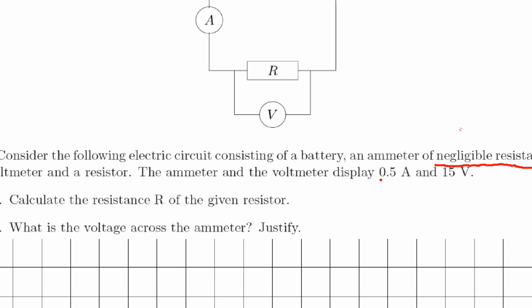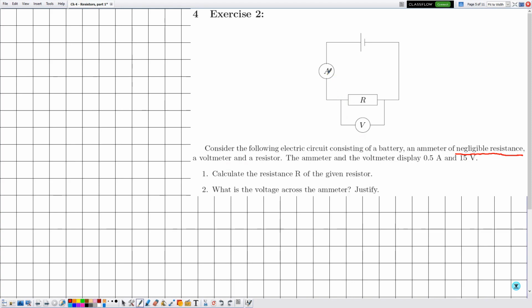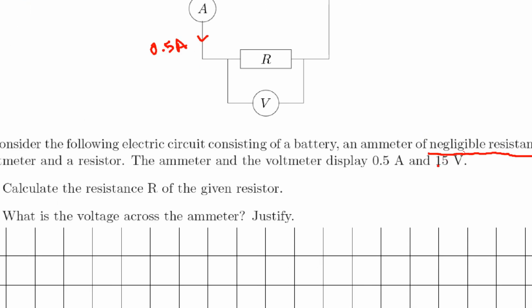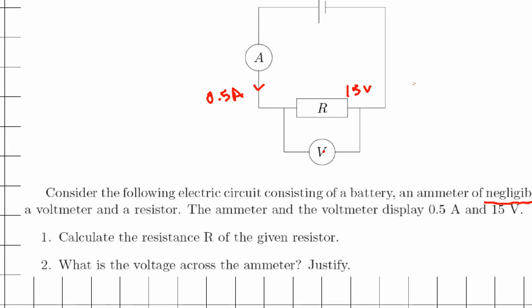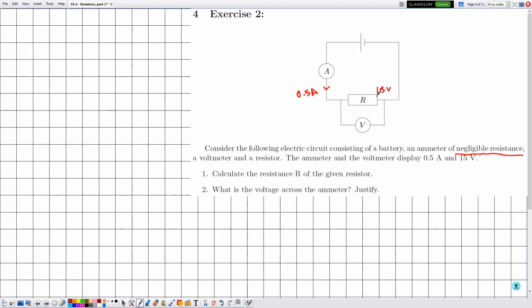So the indication 0.5 amperes corresponds to the ammeter because we know that the ammeter measures electric current. Then let me write here that the value of the electric current I traversing the circuit is given by 0.5 amperes. And the indication 15 volts is displayed by the voltmeter because the voltmeter measures the voltage. Then this is 15 volts across the resistor because notice that the voltmeter is measuring the voltage across the resistor.